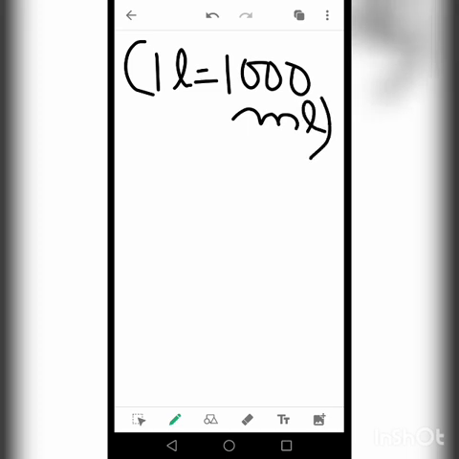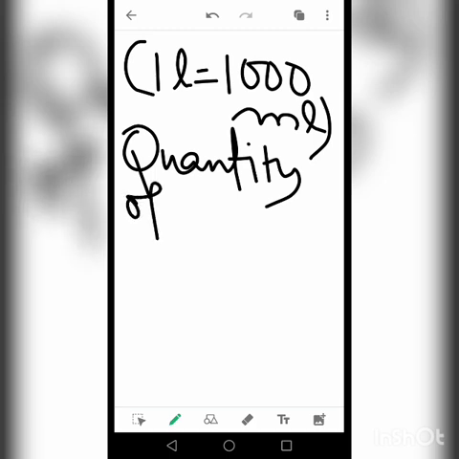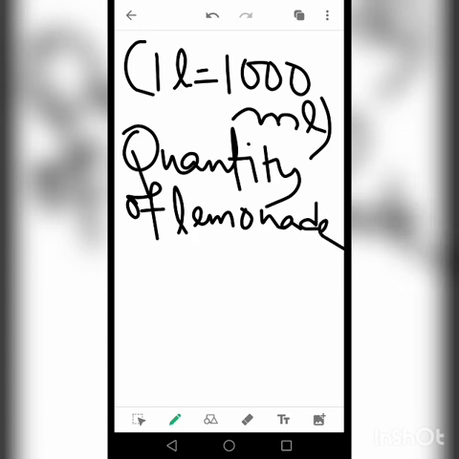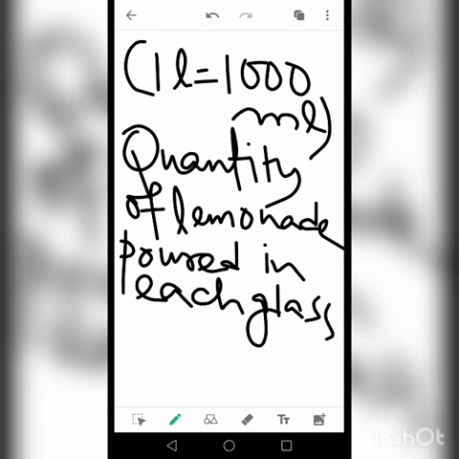Now she poured 250 ml of lemonade in each glass. So quantity of lemonade poured in each glass will be given by 250 ml.